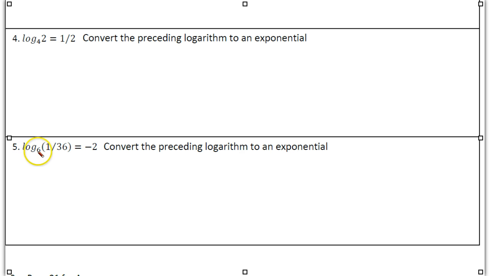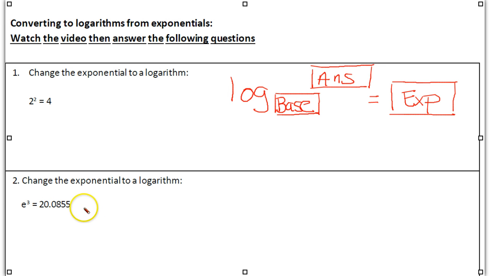So for number 5, our base is 6, our exponent is -2, and our answer is 1/36. Again, you really need to practice, and with practice, I think you'll develop mastery. Get on to page 72.